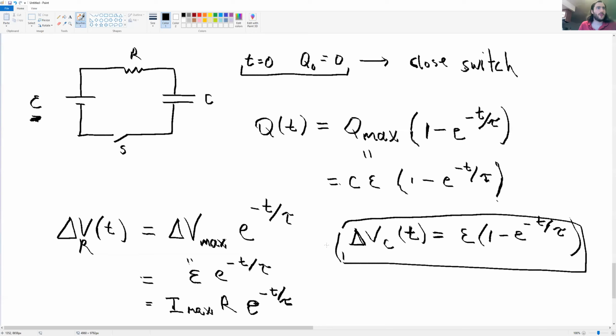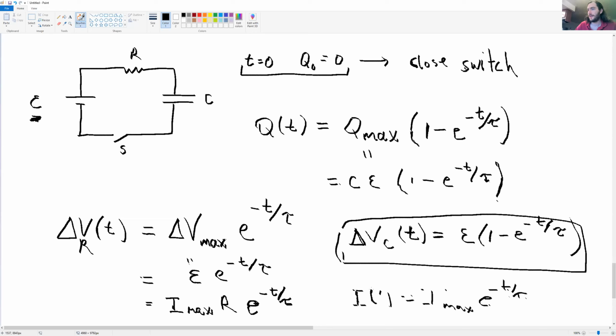That is a charging capacitor in a nutshell there. The only thing that we didn't write down was the current. Let me just go ahead and write that down for you. The current is decreasing as a function of time. So the current as a function of time, you guys can read this, right? Is I max e to the minus t over tau.